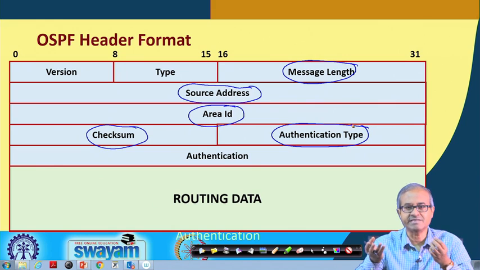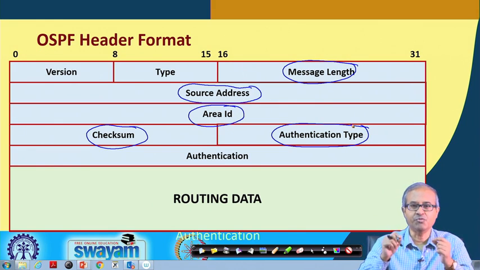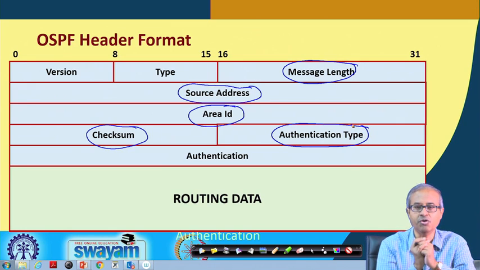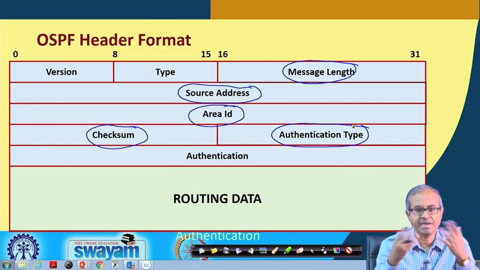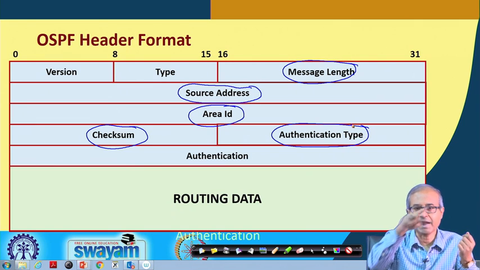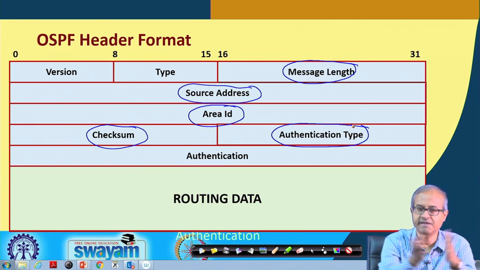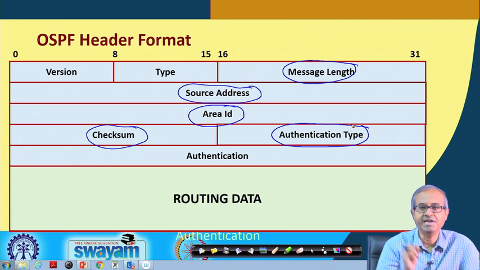There will also be an authentication type, because you see these packets are very crucial. Depending on these packets, the routing table will get updated. Well, if someone maliciously sends a wrong link state advertisement, then all routing tables might get updated in a wrong way, and packets might follow circular loops and never get forwarded in the right direction. That is why some authentication is required.